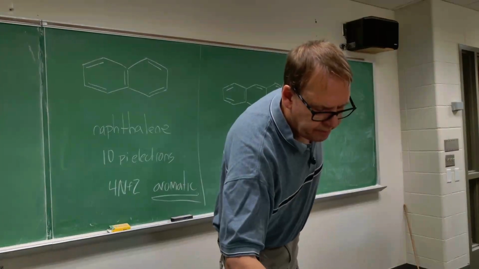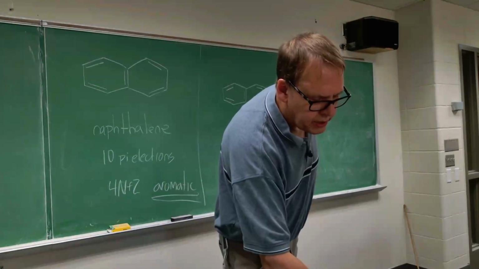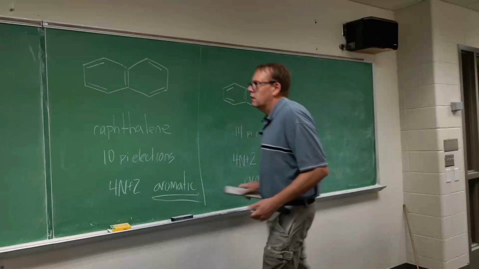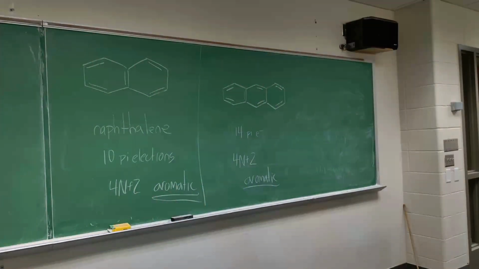Okay, what about other atoms other than carbon? So we focused on carbon now, but there's a lot of other interesting atoms out there. What happens when you have a nitrogen in your molecule, for example? And the answer is it depends on exactly how the nitrogen is incorporated. But here's an example of a heterocycle.